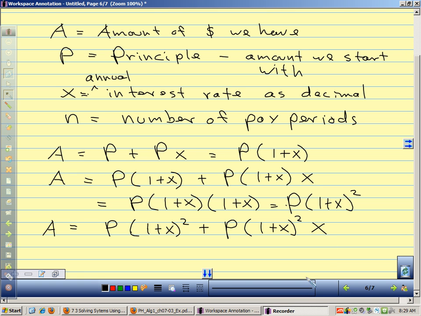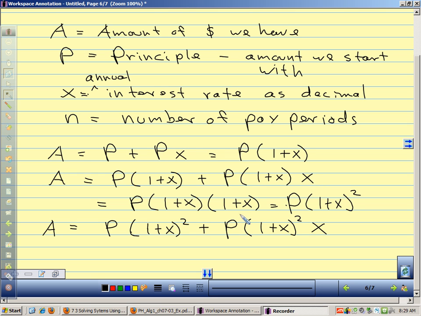Where is the X going at the end of this thing? Of this one? Yeah. So after I earn my interest, I have this amount of money plus the amount of interest I earn on this amount of money. The interest I earn on this amount is P times 1 plus X times my interest rate. Right. So where is it going?